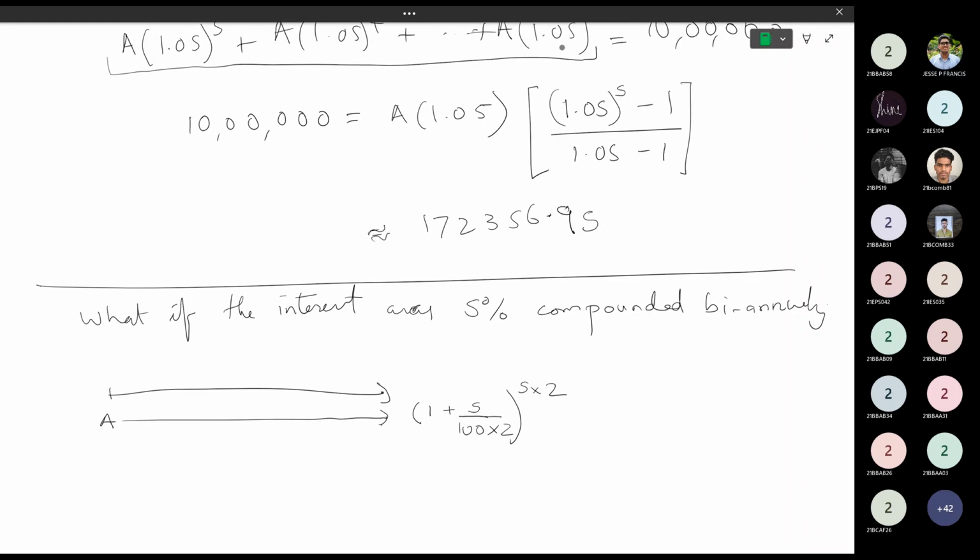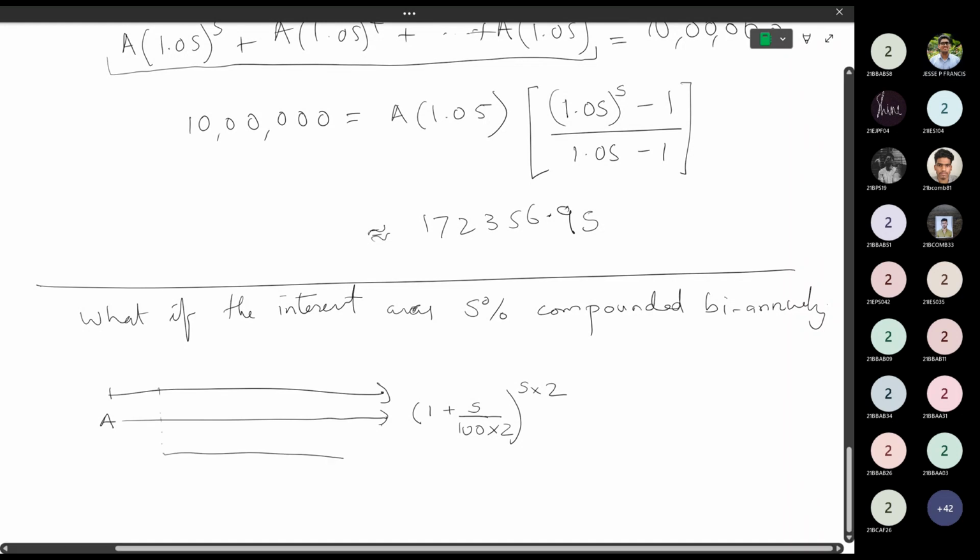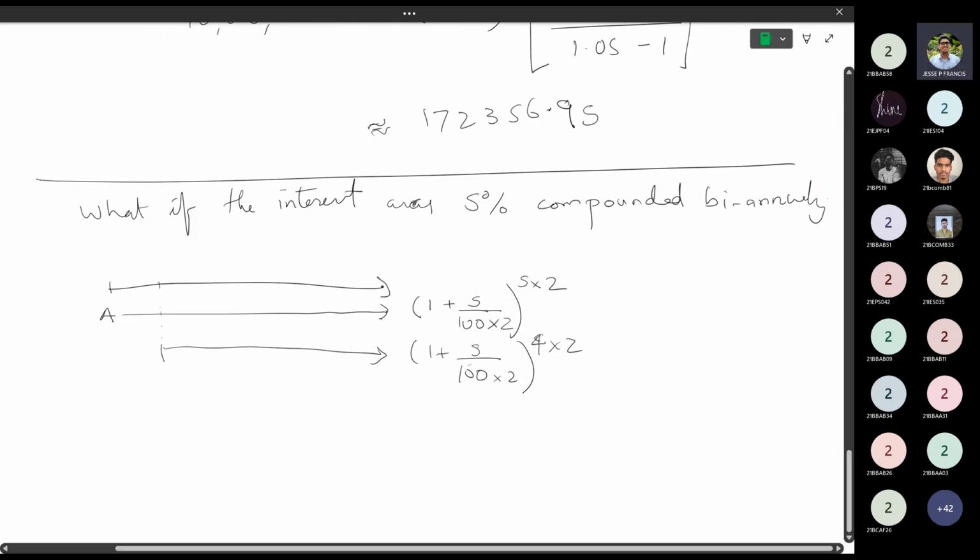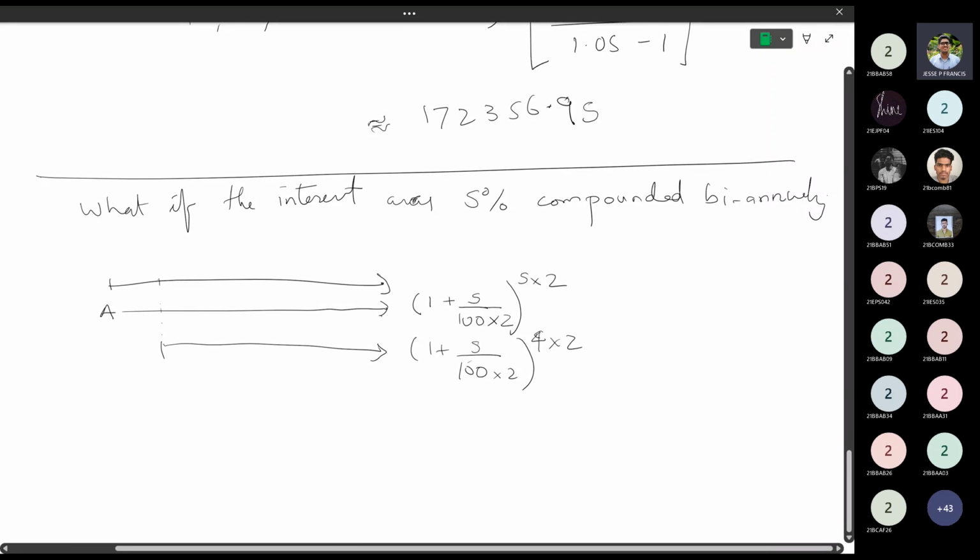Now, after 1 year, 1 plus 5 by 100 into 2 to the power 4 into 2. Well, can you finish this and tell me what will be the value?